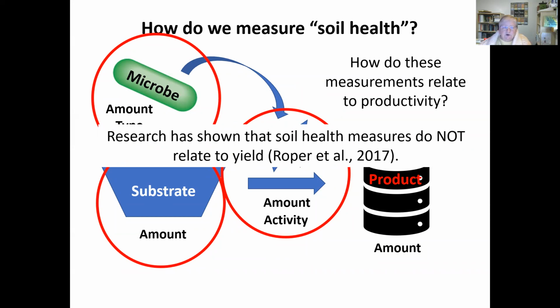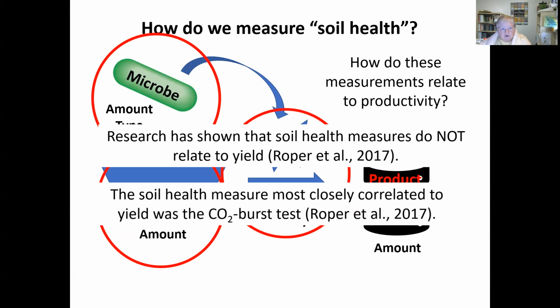So it's very difficult to translate microbial activity to dollars per acre. The thing that this group of researchers found is that the health measure that most closely correlates with or indicates yield was the CO2 burst test.